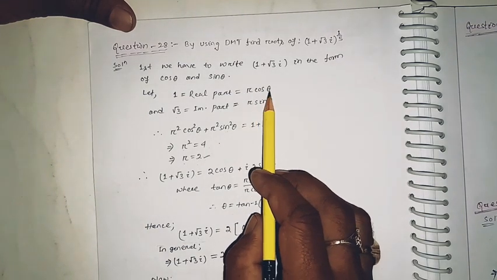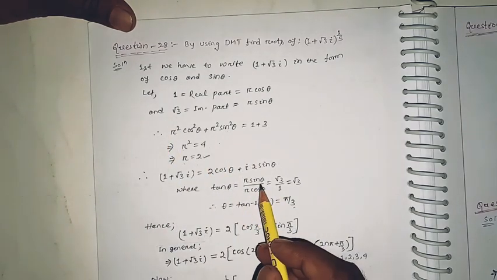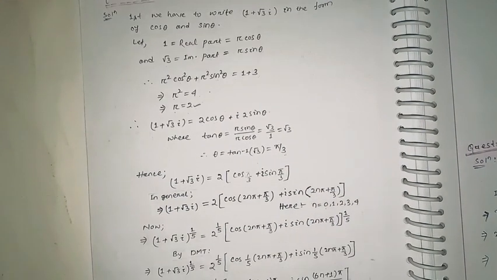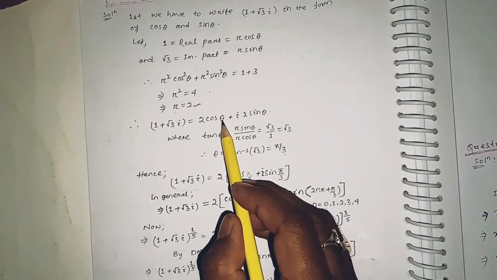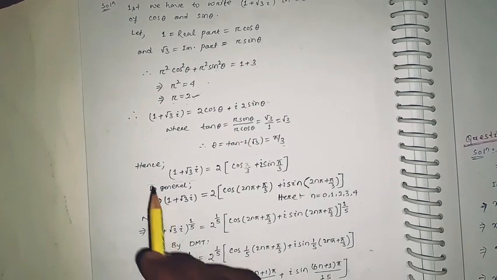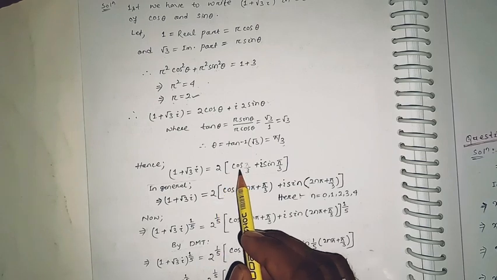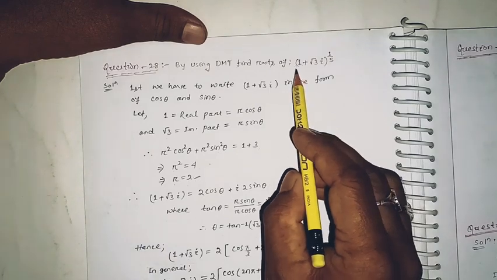If r cos theta is considered as 1, r sin theta is considered as root 3, so obviously tan theta will be r sin theta by r cos theta, that is root 3 by 1 equal to root 3, and theta will be π by 3. So instead of theta we can put π by 3. So finally we can write 1 + root 3 i as 2 into (cos π by 3 plus i sin π by 3). But we need to find the roots of this equation.